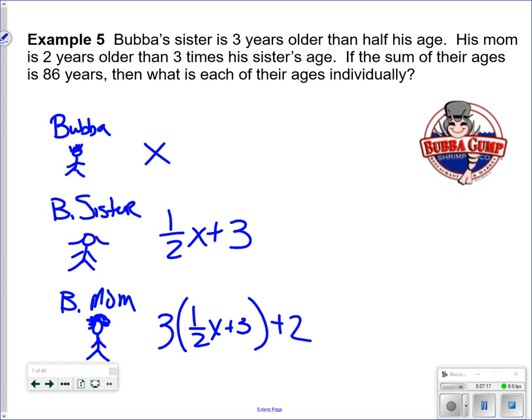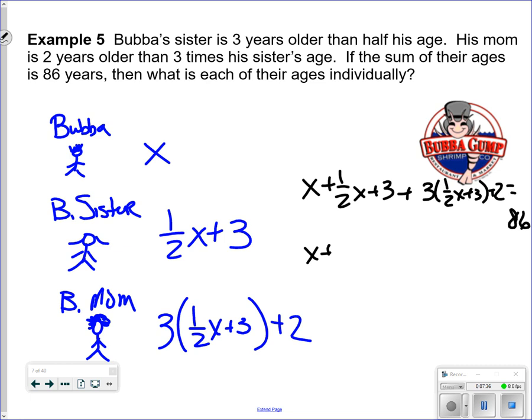The sum of their ages. So if I take all of them and add them up, Bubba plus Sis plus mom adds up to 86. Now, there's a lot of fractions here, a lot of distributing here, but here we go. X plus a half X plus 3 plus 3 halves X plus 9 plus 2 equals 86.